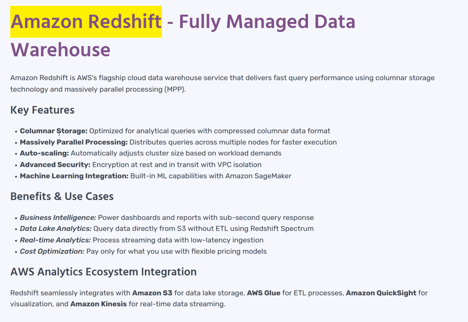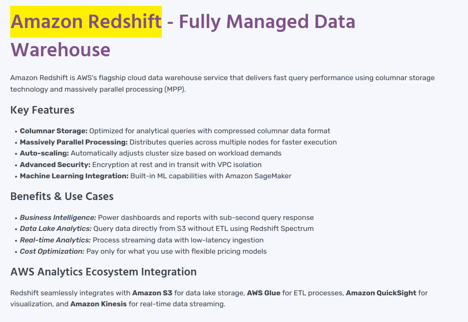So the key words we're going to hear in the exam: columnar storage. Columnar storage is optimized data for analytical queries, a compressed columnar data format optimized for running complex queries. Massively parallel processing distributes queries across multiple nodes for fast execution. So a number of nodes process the data.